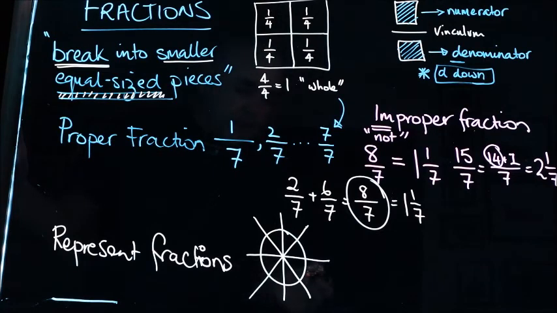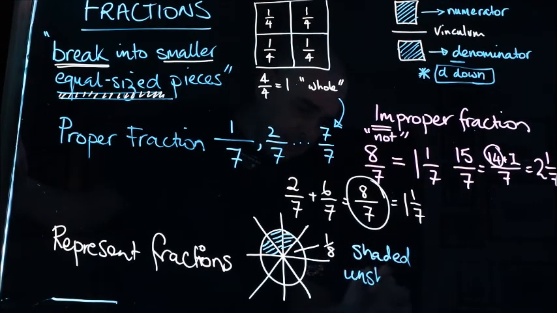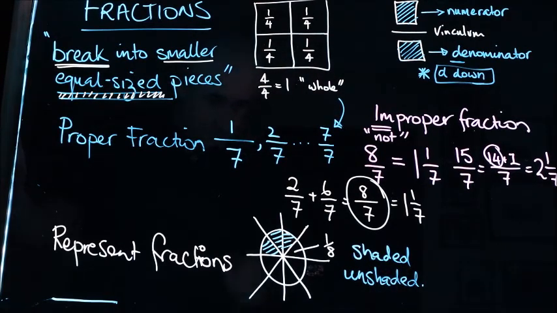So one of these fractions in here represents 1/8. Together they represent the whole thing. Be careful on questions when they ask you to either tell us what the shaded fraction is or the unshaded. So you'll see these words here, shaded, unshaded, in your questions. Just be very careful what they represent, okay?